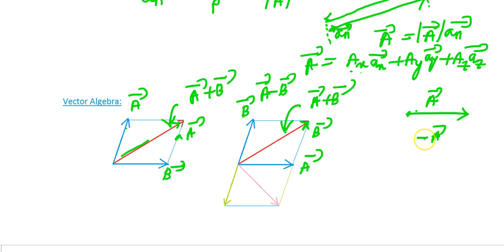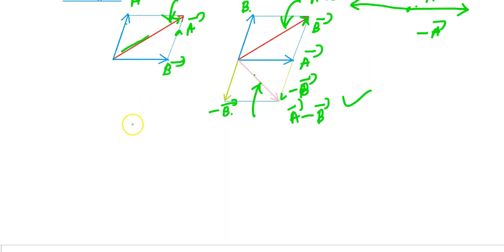The magnitude remains the same, and the direction is opposite to what was the vector A. So this becomes your minus A. Same way, if it is B, then the yellow line becomes minus B. So A, and this is your minus B. So this vector will be A minus B.